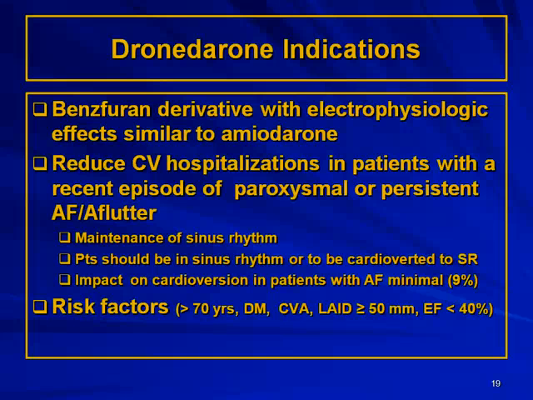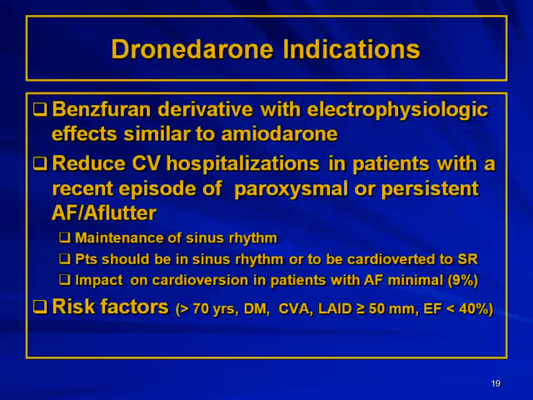And the recommendation is also that this drug should not be used for patients with lone AFib. They really should have another risk factor that puts them at risk for adverse outcome from the AFib. So elderly, diabetes, prior history of stroke, patients with increased left atrial internal diameters, patients with low ejection fraction.